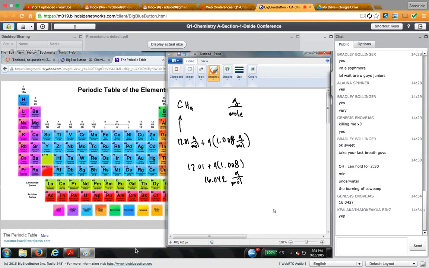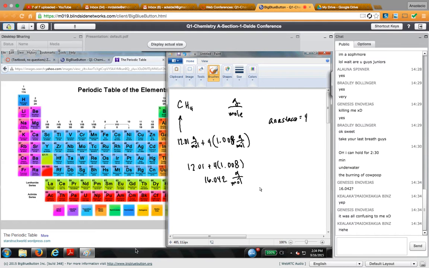Because in the s'mores lab, I gave you the mass of 4 marshmallows. I gave you this weird thing where I said, let's let an Anastasio equal the number 4. So then I gave you the mass of 1 Anastasio of marshmallows.